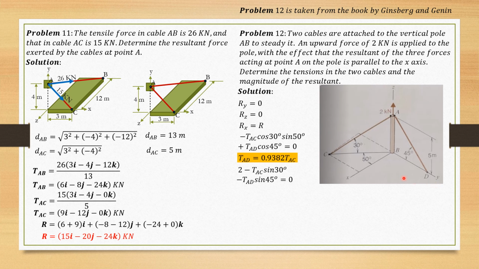to 0. So substituting the value of tension AD into this equation, so we have 2 minus 0.5 tension AC, then minus 0.9382 tension AC times sine 45 degrees equals 0. So from here, we can compute now the tension in AC, which is 2 divided by quantity 0.5 plus 0.9382 sine 45, and that gives us a value of 1.719 kilonewtons.